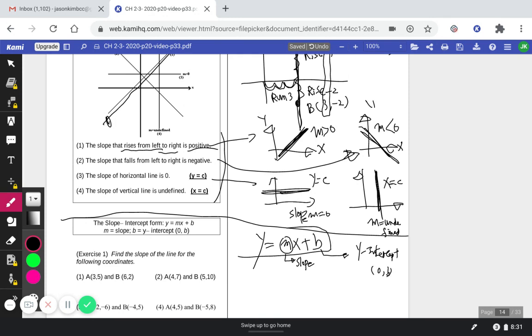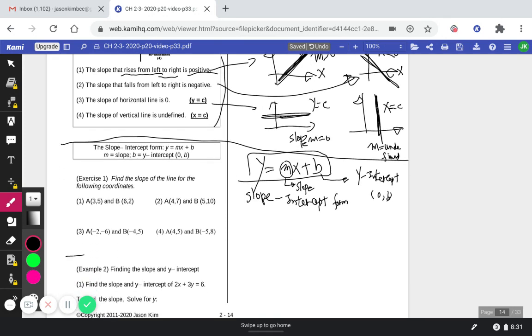So we call this format slope intercept form. So whenever you have a y equals mx plus b format, we call this type of equation slope intercept form. Okay? Just to refresh yourself.